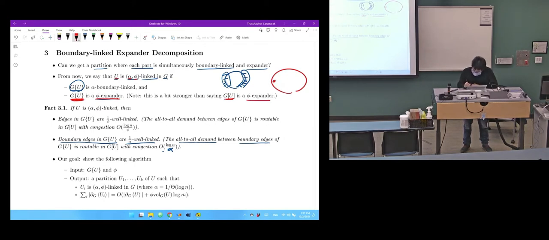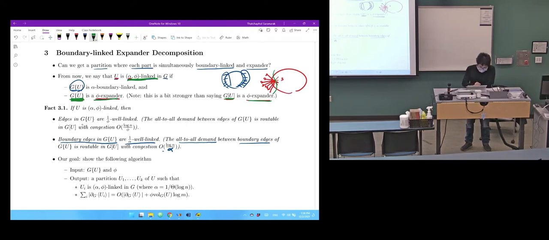If there is some node here such that the degree inside is small, like 3, but there are a bunch of battery edges connected to this node, then this is going to be a sparse cut, right? So this is a bit stronger than just saying that the induced subgraph is a phi expander. But I really want to say that this is a phi expander when we say this.